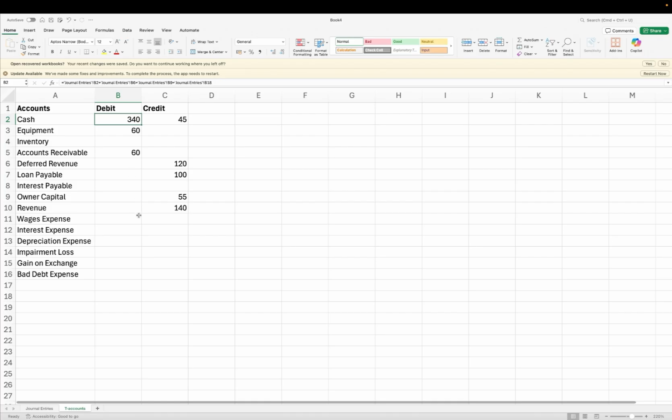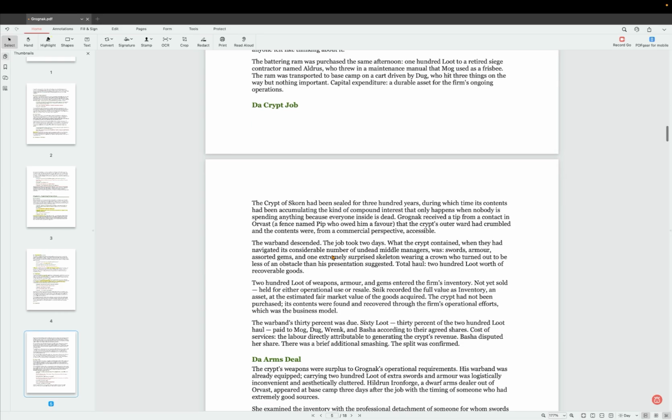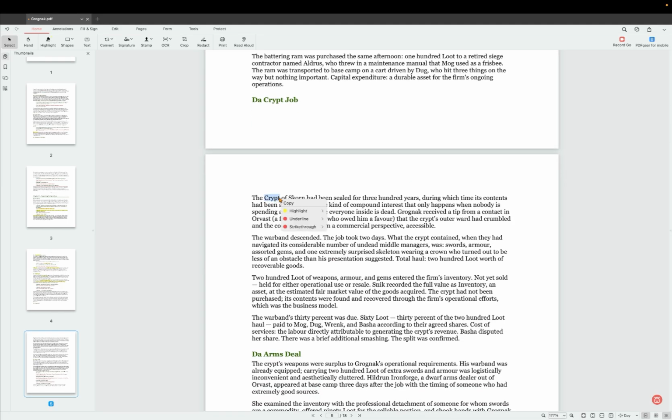The loan must be repaid in the future. So, identifying the 7th transaction. In this transaction, the business obtains items from the crypt, right? They got items worth 200 loot. So 200 loot of weapons, armor, and gems entered the firm's inventory.